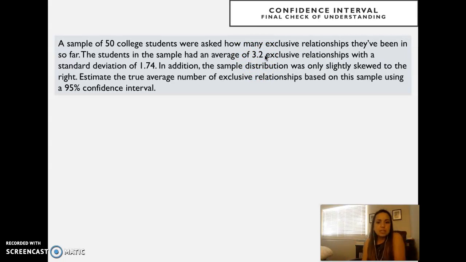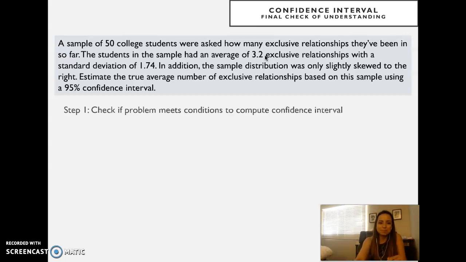In addition, the sample distribution was only slightly skewed to the right. Estimate the true average number of exclusive relationships based on this sample using a 95% confidence interval. I would ask you to work through this problem along with me, and we'll have a chance to work through more problems in the lab.